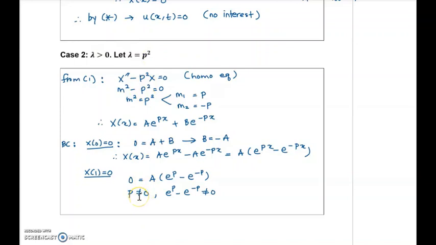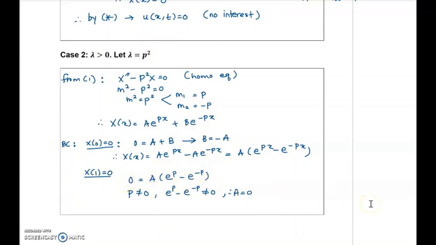Since P cannot be 0, this term will never be 0. So the only thing that needs to be 0 is A. Therefore, A needs to be 0, otherwise this equation is not going to be 0.